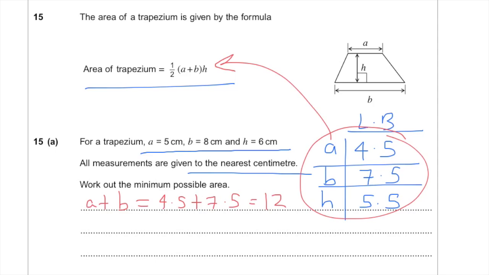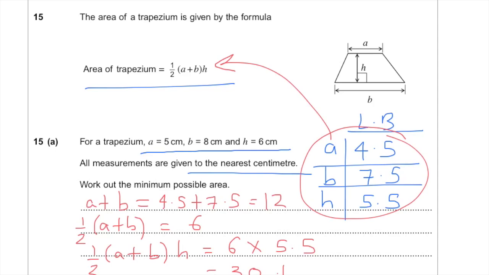We then want to make sure we have a half of this, a half of A plus B, which is equal to 6, and our final step is to multiply this by H, which means we need to do 6 multiplied by 5.5. Now 6 multiplied by 5 is 30, 6 multiplied by 0.5 is 3, so the final answer is 33 centimetres squared.